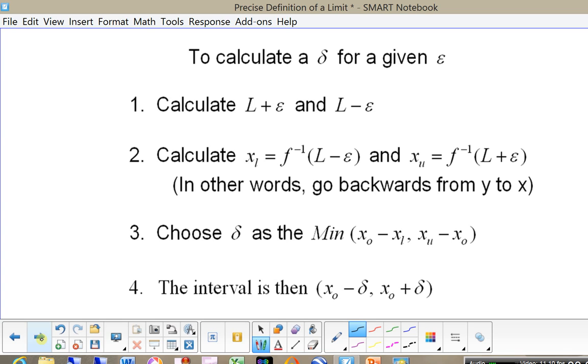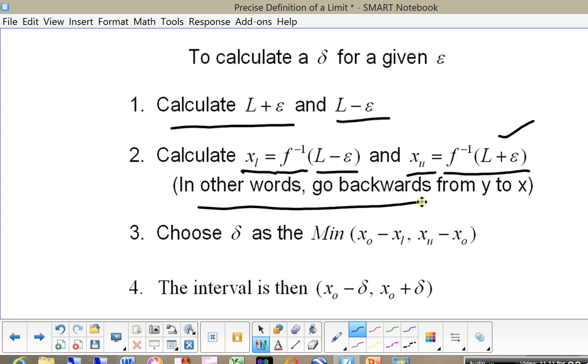So that suggests this procedure to calculate a delta for a given epsilon. You calculate L plus epsilon and L minus epsilon. So the x lower would be the inverse function of L minus epsilon. We'll show you how to calculate the inverse in a moment. And the x upper will be the inverse function of L plus epsilon.